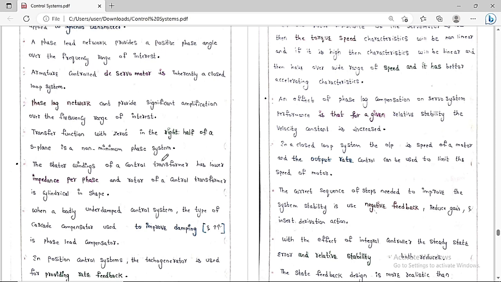So finally, in simple words, for a control transformer, the stator winding has lower impedance per phase, whereas the rotor is cylindrical in shape.